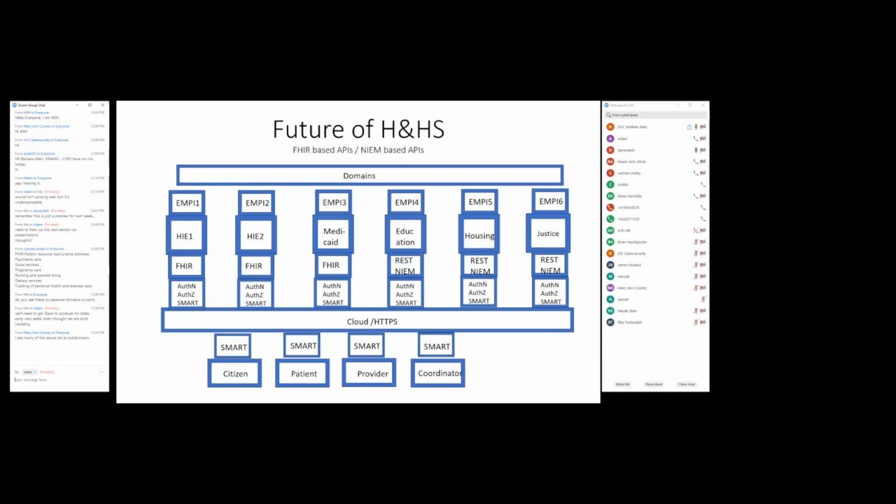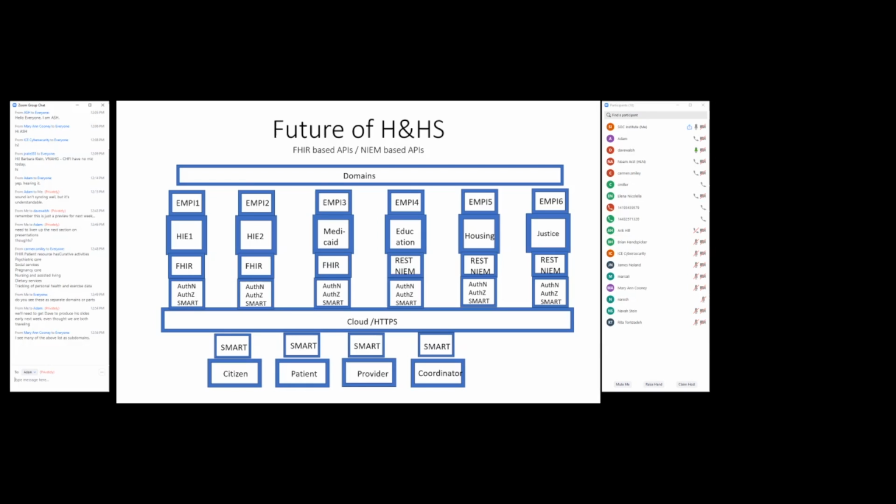And it's going to be important if we in the human services arena say, let's pick on education for a moment. If we're going to have multiple clients, citizens, patients, students, a number of people, teachers, being able to get to the information in that domain, then we probably need to have a standardized authentication and authorization mechanism.